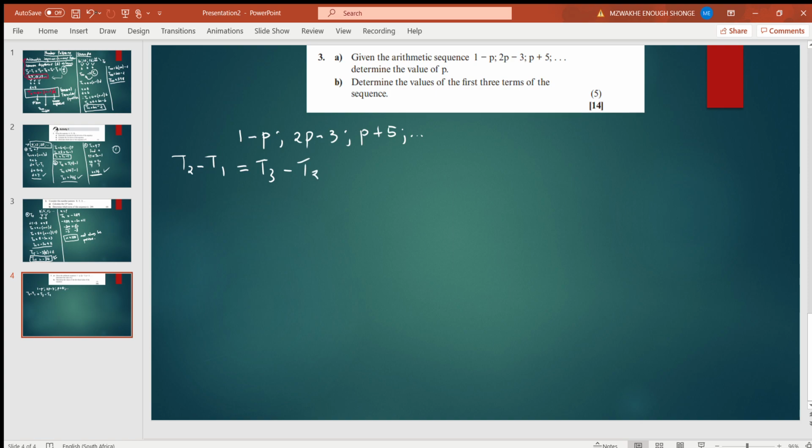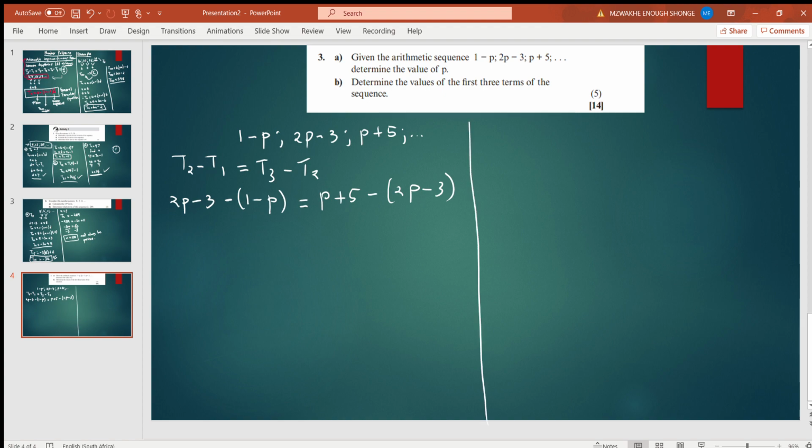What is t2? t2 is 2p minus 3, minus t1, which is 1 minus p, equals t3, which is p plus 5, minus t2, which is 2p minus 3. Then here you'll have 2p minus 3 minus 1 plus p equals p plus 5 minus 2p plus 3.